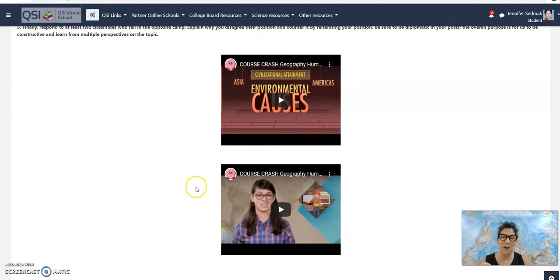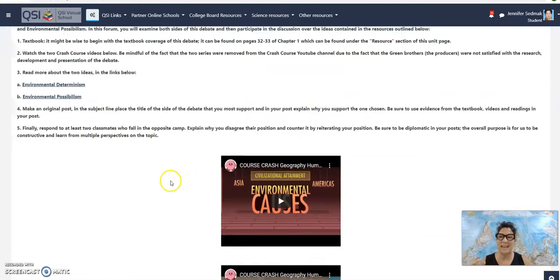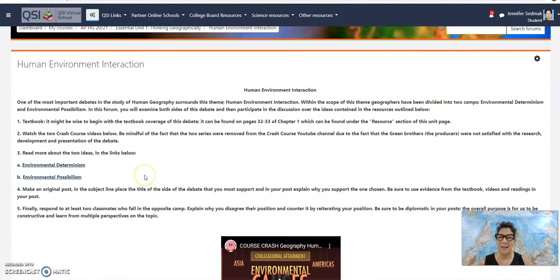After the first 2 crash course episodes were created on this concept, the crash course guys, John and Hank Green, took them down because they believed that the presentation of environmental determinism was not done fairly or in considering a lot of the research that had been done related to that school of thought.